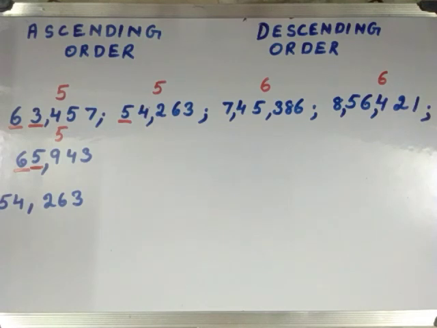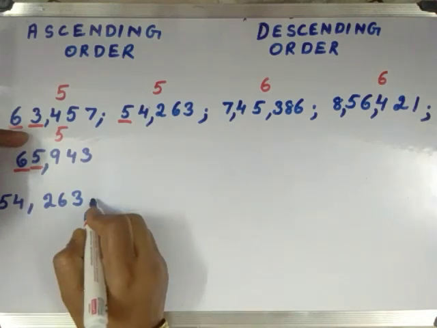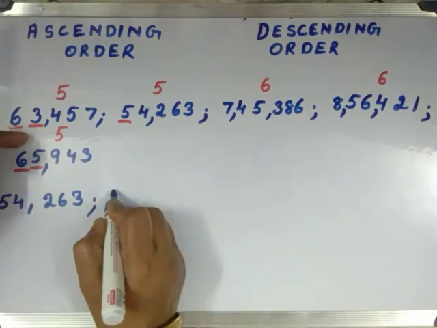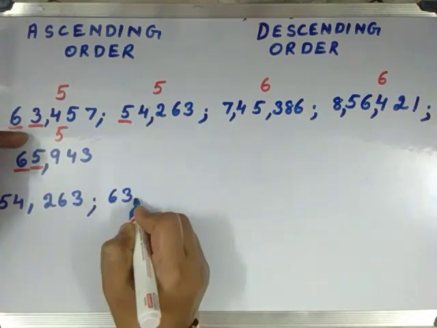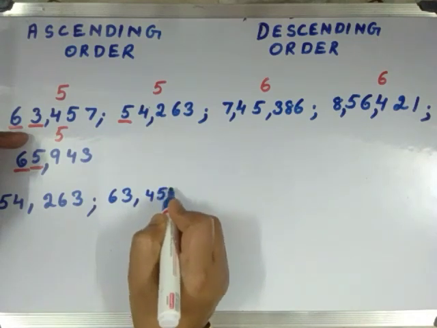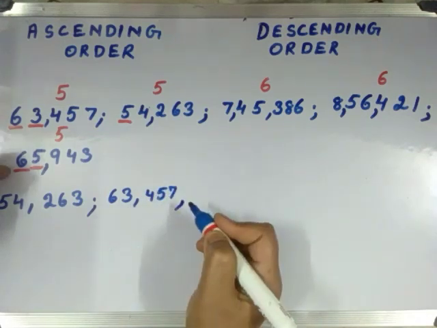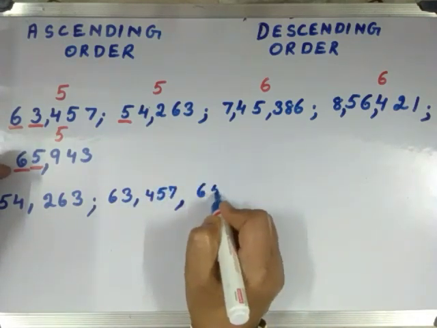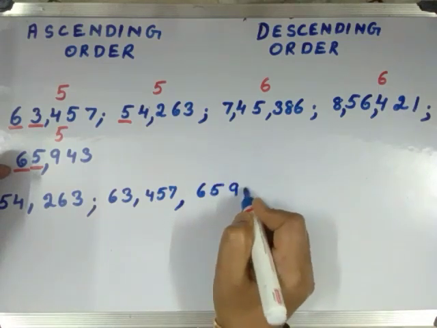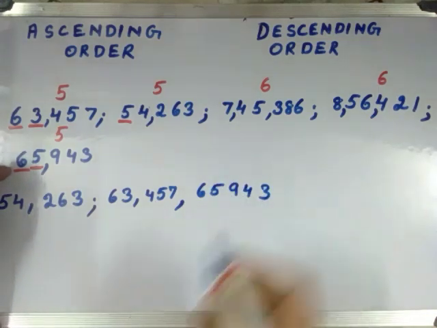We have to find out which is smaller. 3 is smaller or 5 is smaller? The 3 is smaller. So we write 6, 3, 4, 5, 7 before 6, 5, 9, 4, 3.